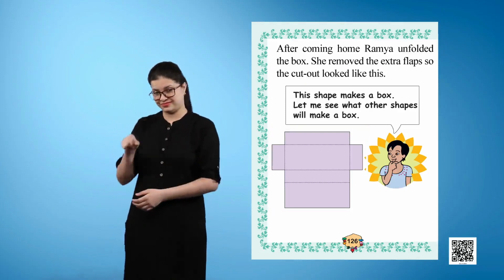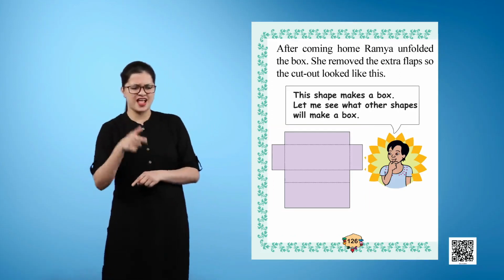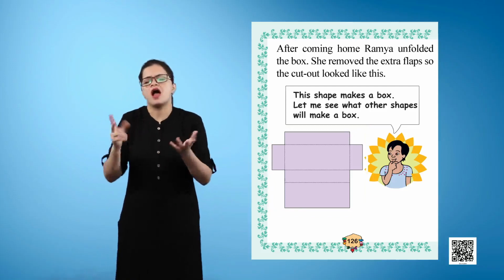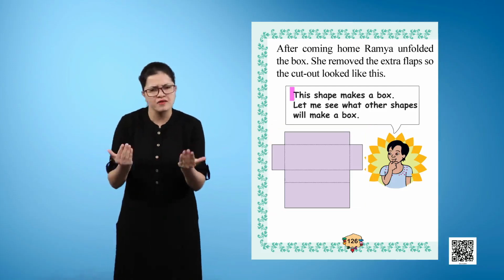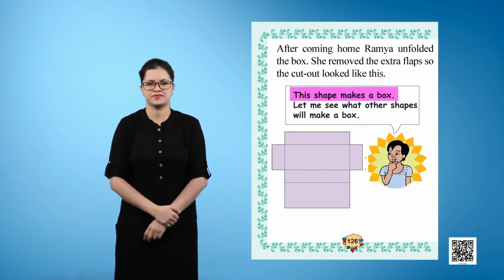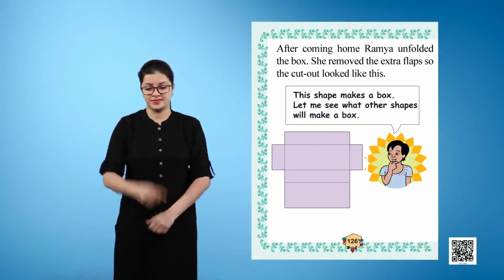There is a picture of the box unfolded given below this. And to the right side of that, we have Ramya thinking in her mind, "This shape makes a box. Let me see what other shapes will make a box."